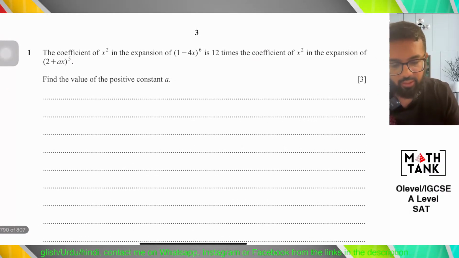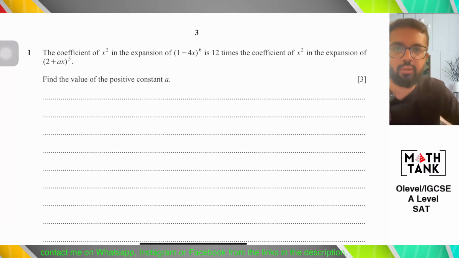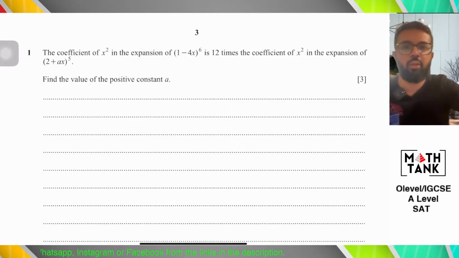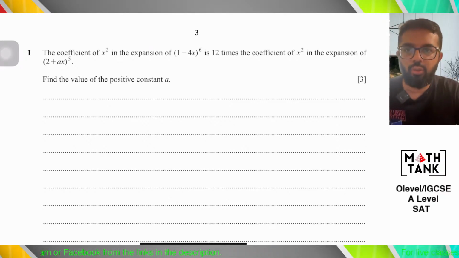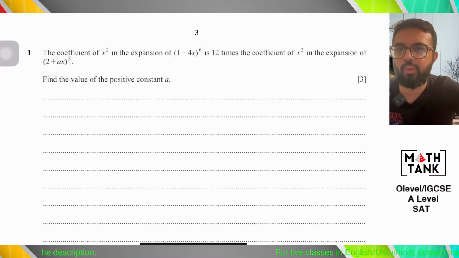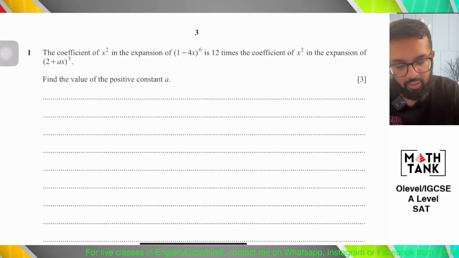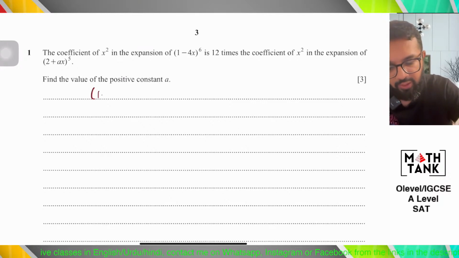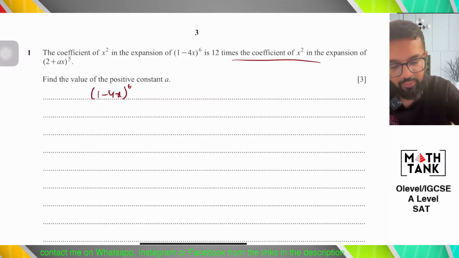Question number 1 is from binomial expansion. The coefficient of x squared in the expansion of 1 minus 4x power 6 is 12 times the coefficient of x squared. So I have two specific terms to find.